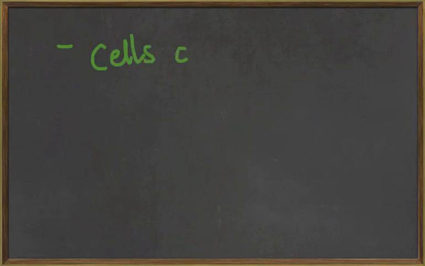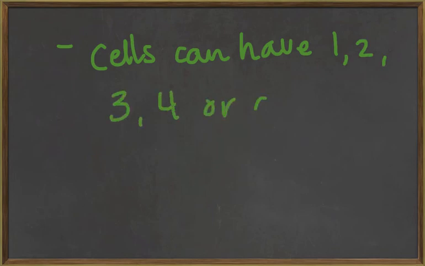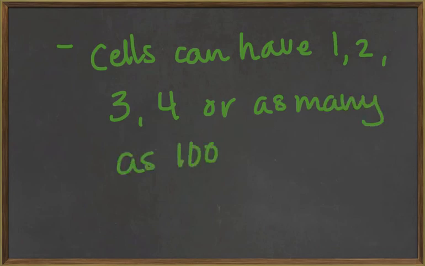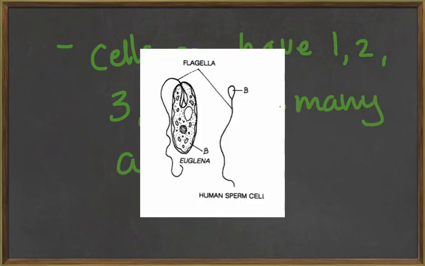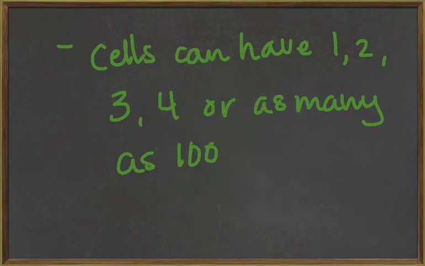Cells can have 1, 2, 3, 4, or as many as 100. You can have a lot of flagellum or flagella, depending on what your job is. The one you're going to most be associated with is a sperm cell. A sperm cell has 1 flagellum on the back so that it can propel itself forward.